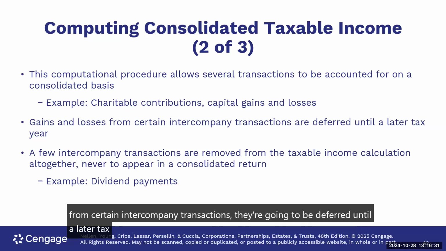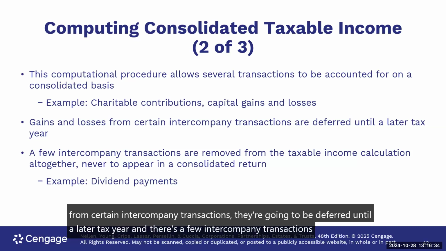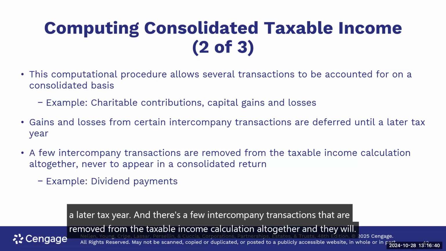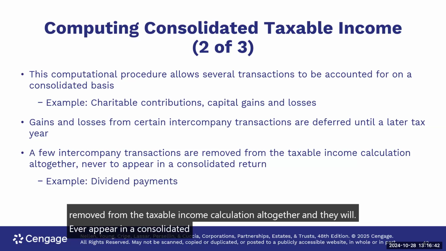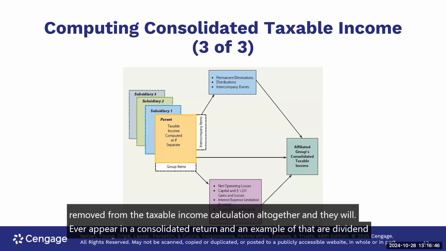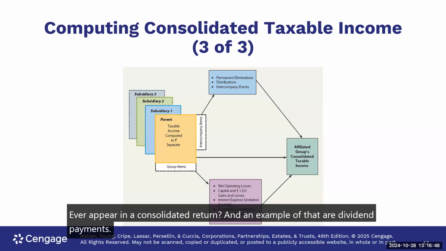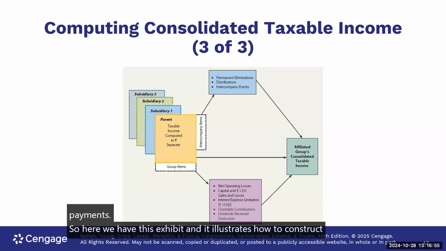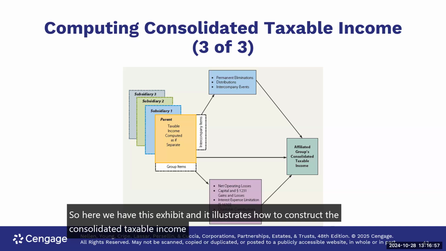And a few intercompany transactions are removed from the taxable income calculation altogether, and they will never appear in a consolidated return. An example of that is dividend payments. So here we have this exhibit, and it illustrates how to construct the consolidated taxable income using the sequential approach.